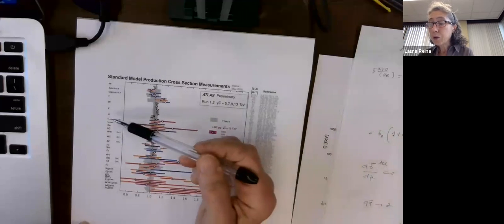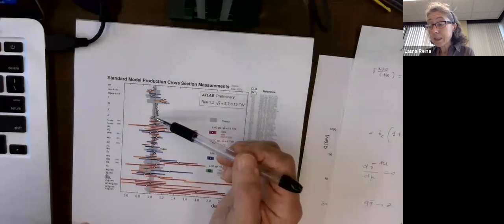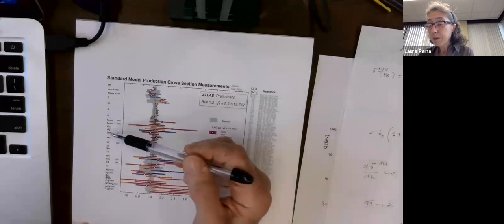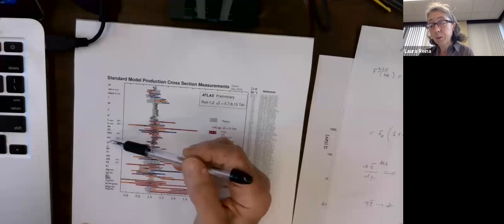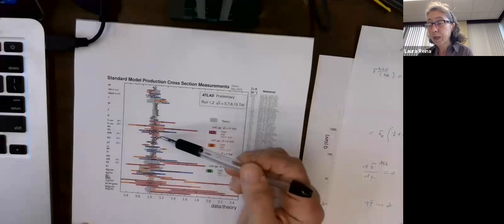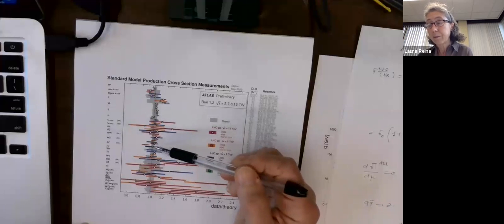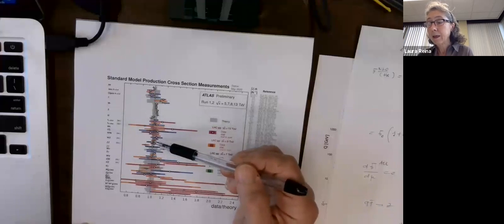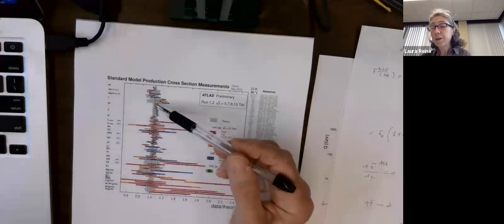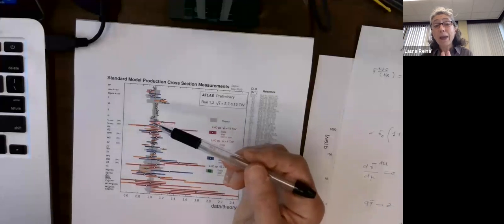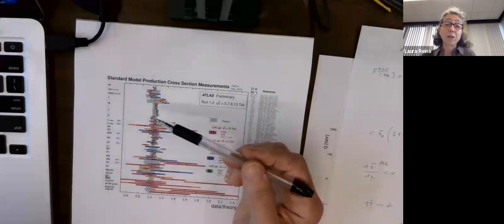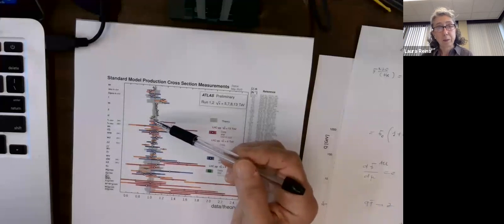You can see how 2-to-2 processes like t-tbar production, which is fundamental to colliders, are precisely measured. Even some of the double vector boson productions, electroweak vector boson production, are quite precisely measured experimentally. And for some of them, the theoretical precision is barely comparable, if not larger at the moment, than the experimental precision.